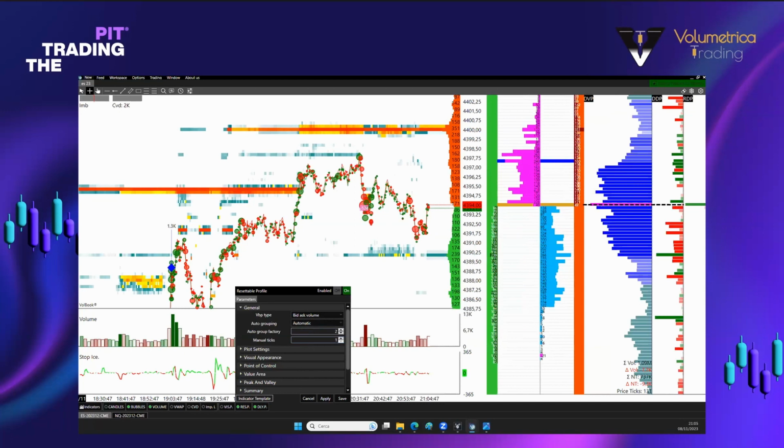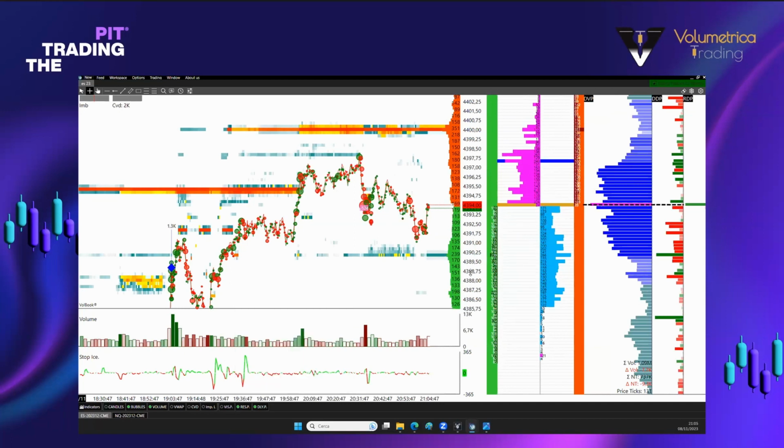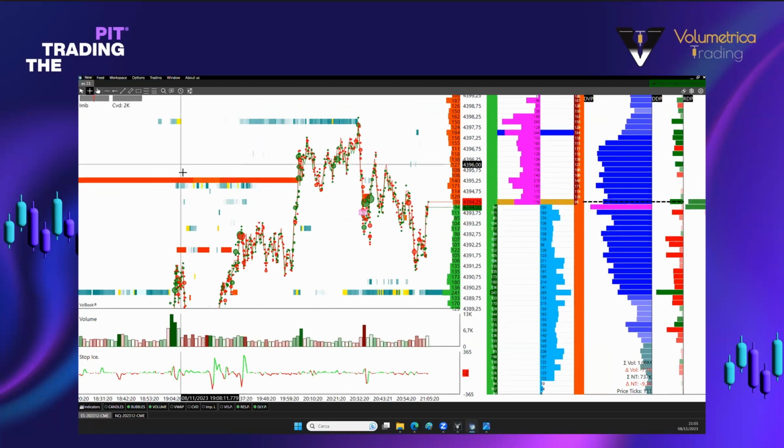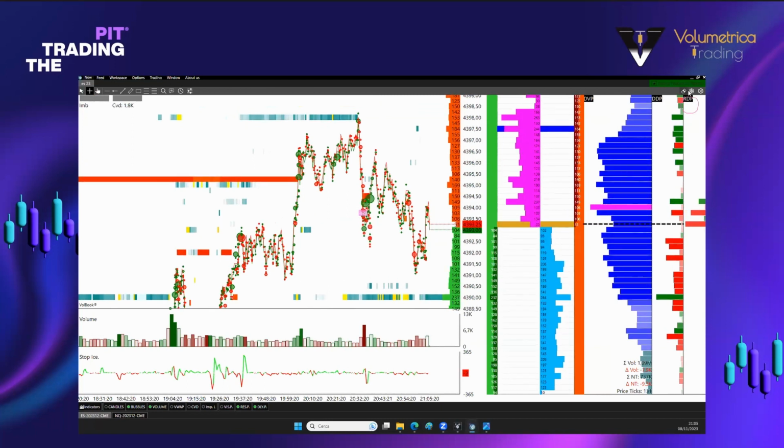This profile is particularly nice. It's the one showing here, RDP, resettable delta profile. With this tool, you can reset it when you want, so it will show you either volume or delta from the moment you reset it onward.